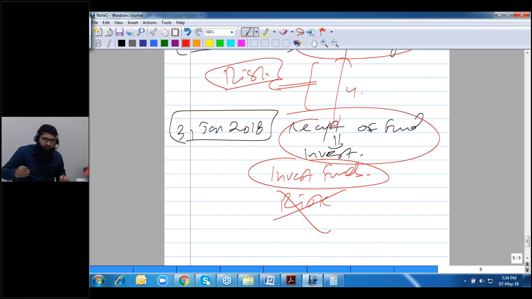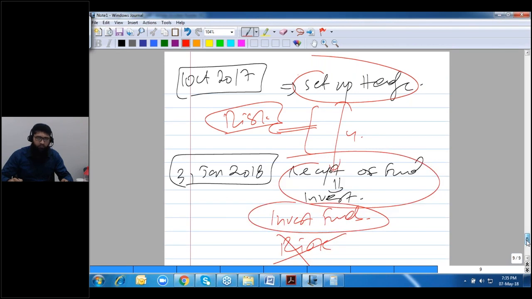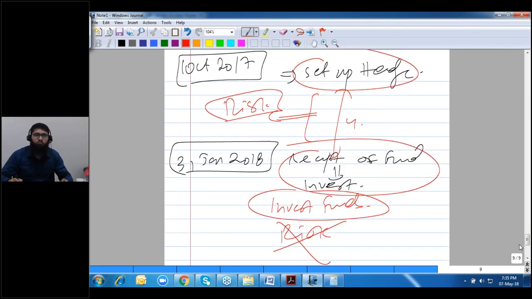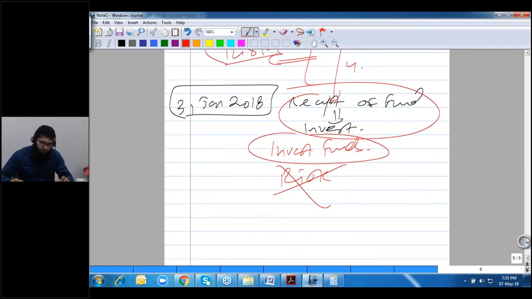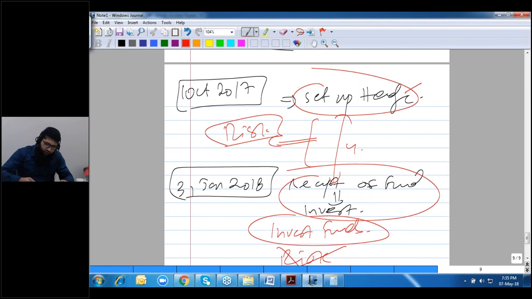So we are going to set up the futures hedge now, and we are going to close the hedge here because after 31st January 2018 we are not facing any risk. The only risk that we are facing is up till 31st January 2018.